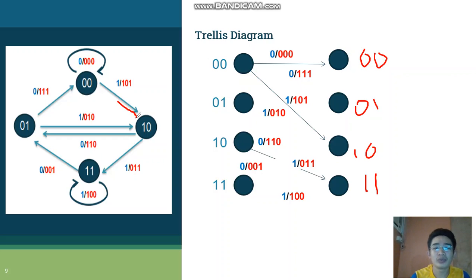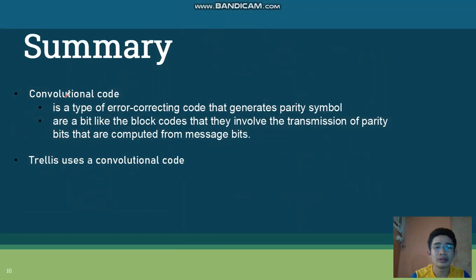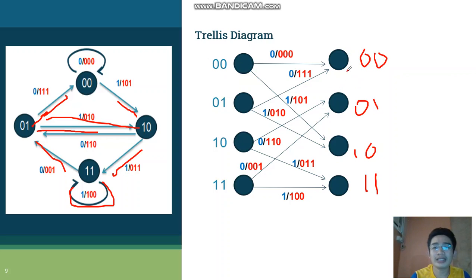And 1 0 will go to 1 1. And 1 1 will return to itself as 1 1. And 1 1 will go to 0 1. And 1 0 will go to 0 1. And 0 1 will go to 1 0. And 0 1 will go to 0 0. Therefore, we can get this tree-list diagram easily.